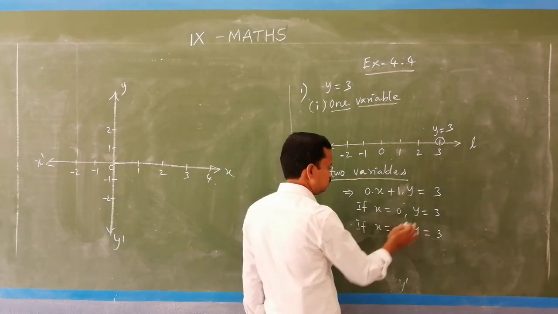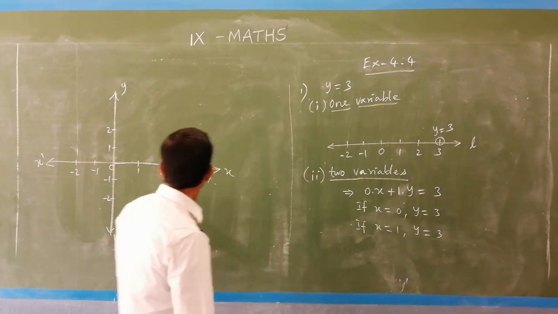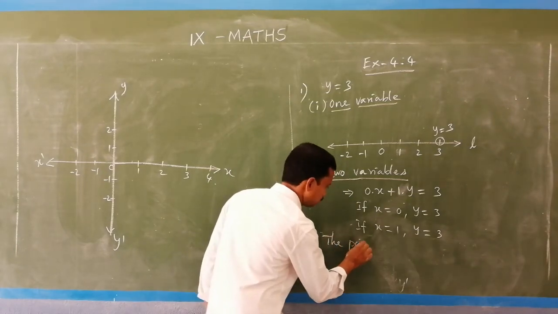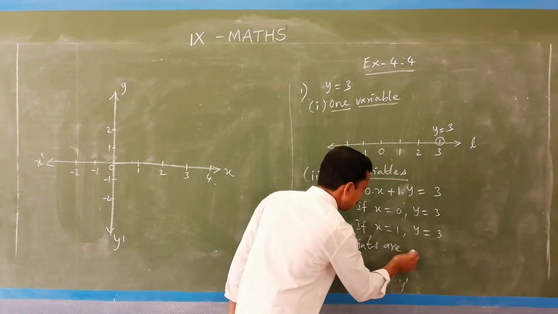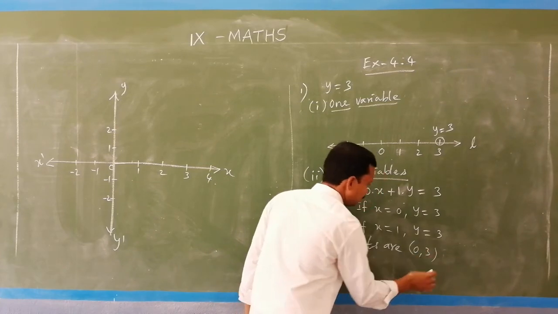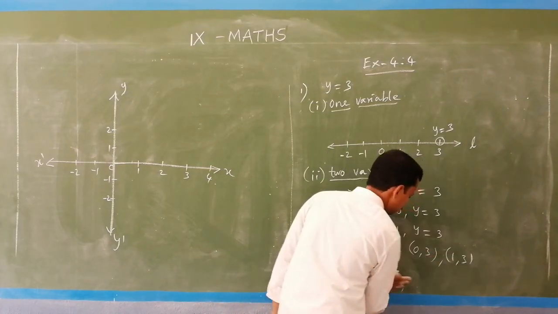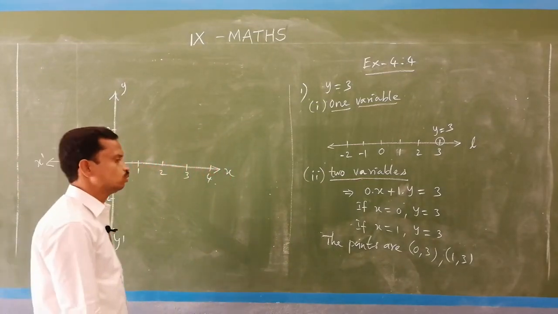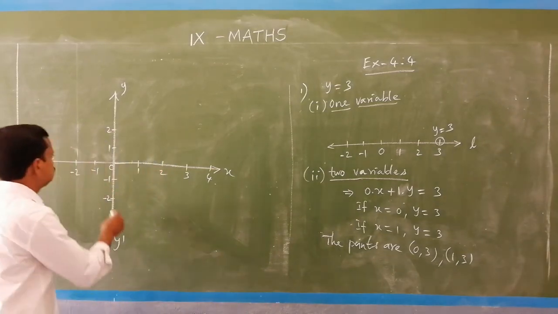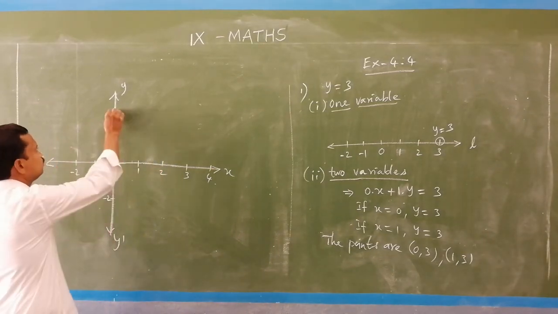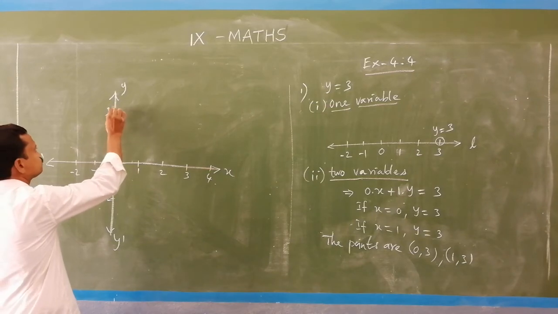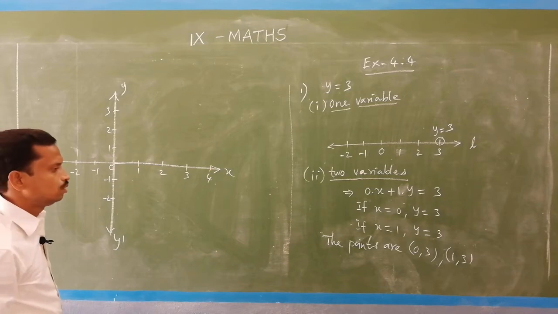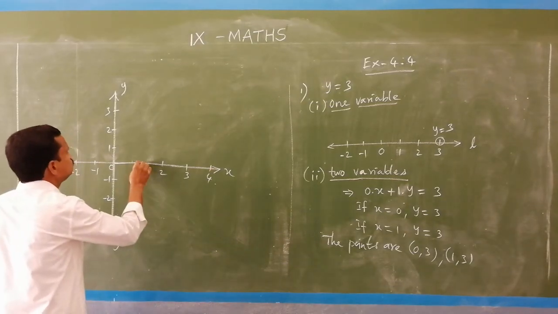So, the points 0, 3 and 1, 3, like that you can get, and these are the solutions of the given equation y equal to 3. So, 0, 3, so this is 0, and y 3 means the point will come here, and then 1, 3, this is 1 and 3.